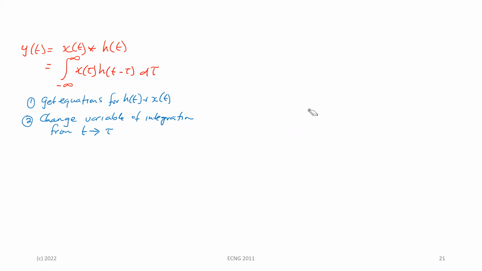Okay, the next thing now is that we go back here and look at it. We now have x(tau) and we have h(tau). If h(tau) is looking like this, going from 0 to 2, amplitude is 1, right?